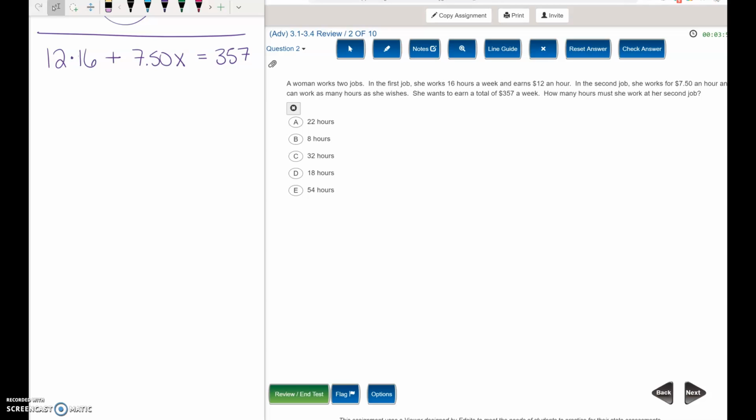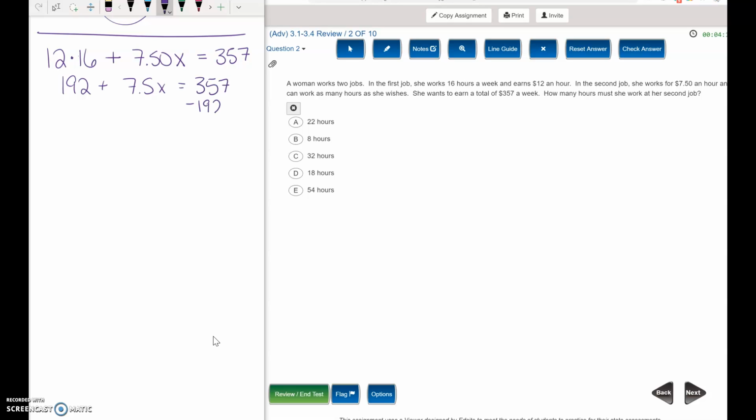So 12 times 16 is, I don't even know off the top of my head. I probably should have my calculator out and be more prepared, but I'm not, so that's cool. 192 plus 7.5x equals 357.